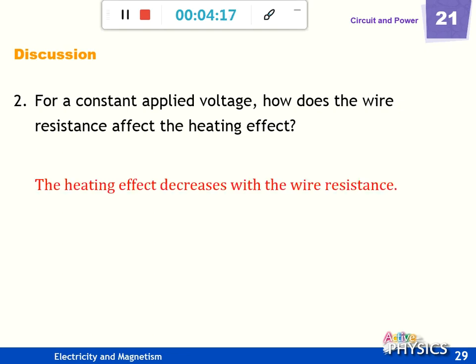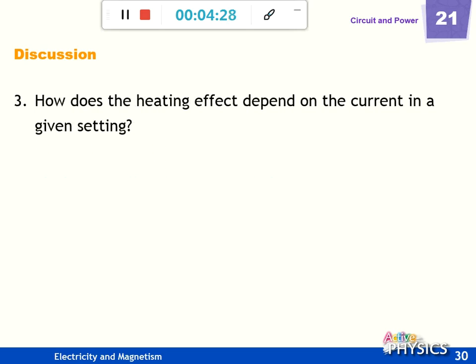The heating effect decreases with wire resistance. It means that if resistance is higher, the heating effect will be decreased. And the third one, how does the heating effect depend on the current? It increases with current. More current, more charge passed through it, more energy consumed.